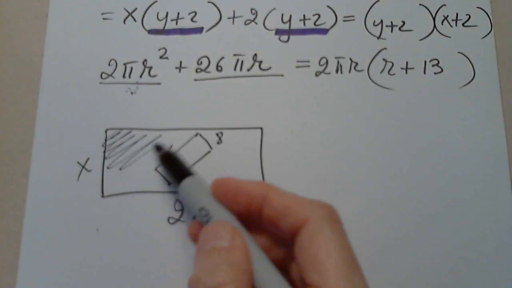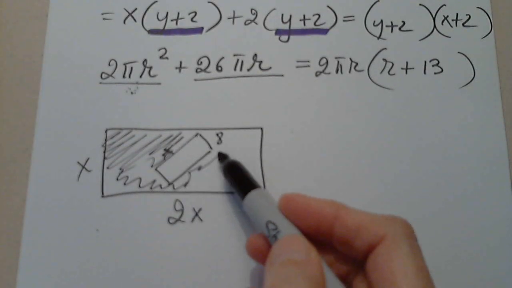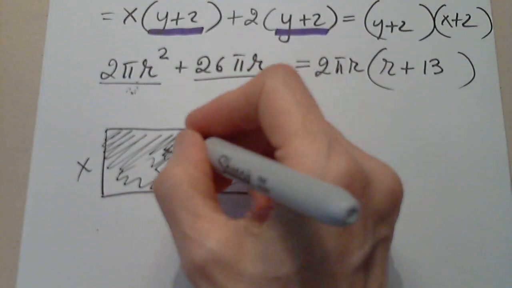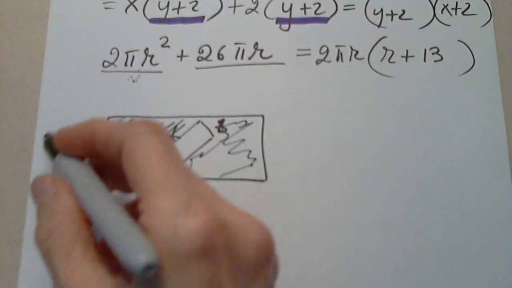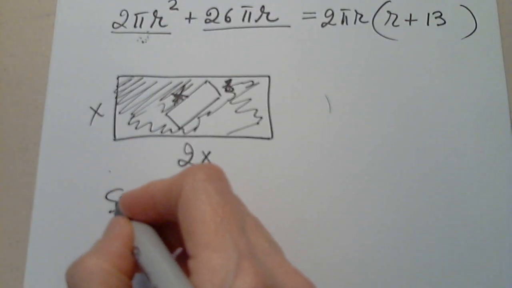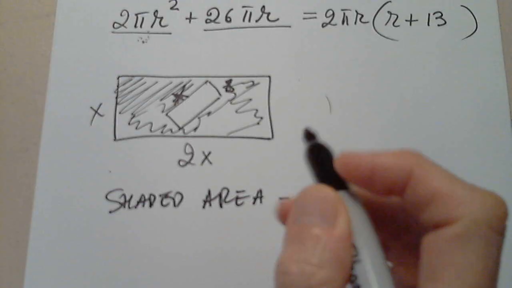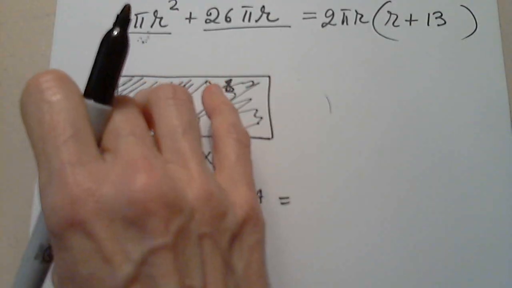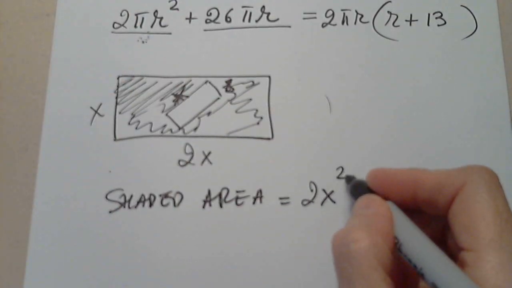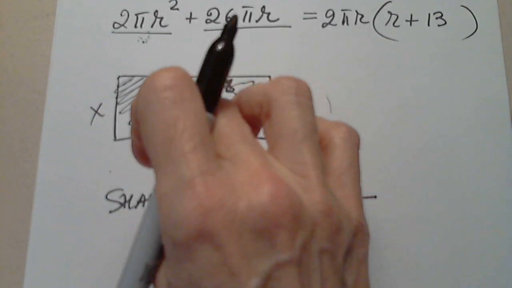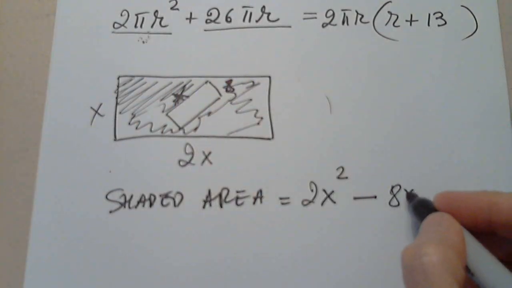So they want us to present this. In other words, from the total area, length times width, which is 2x squared, we subtract x times 8, or 8x.